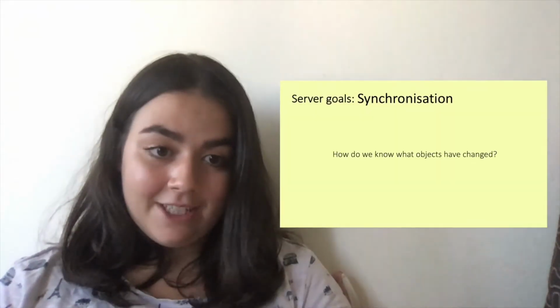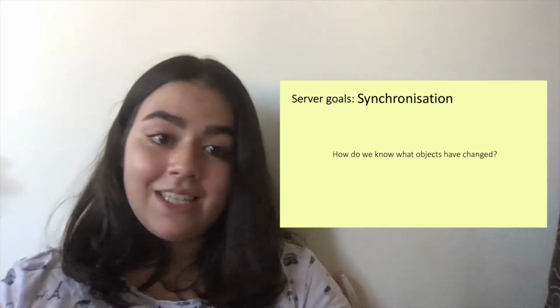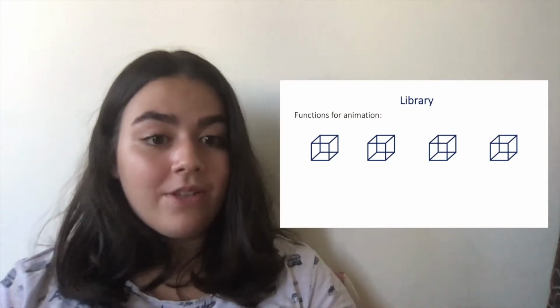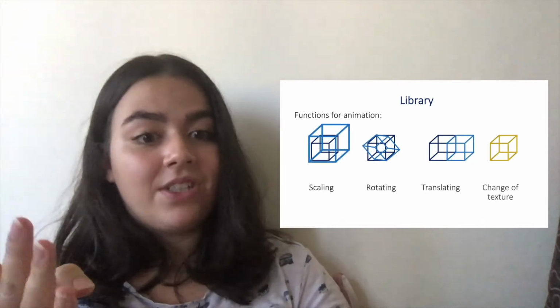Of course, then we have the challenge of how do we know what objects we need to update? And this is where we go into the library. The functions that we need to worry about for the developer are the functions for animation that make objects change. So luckily for us, there's only a finite amount of animations that can be done, which is scaling, rotating, translating, and change of texture.